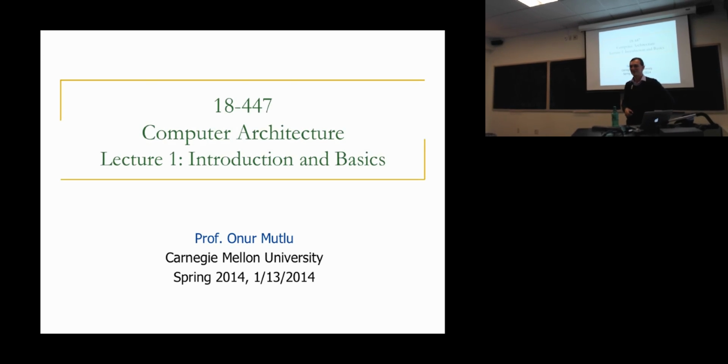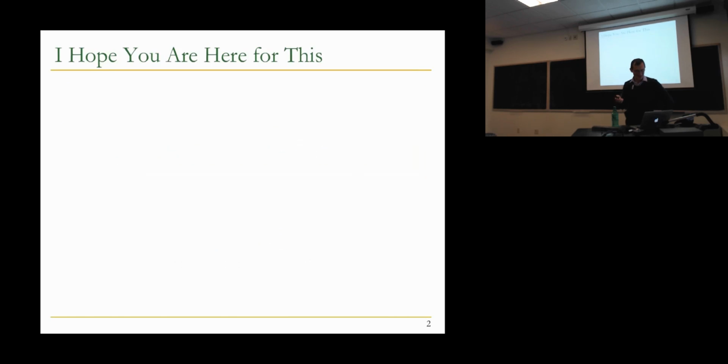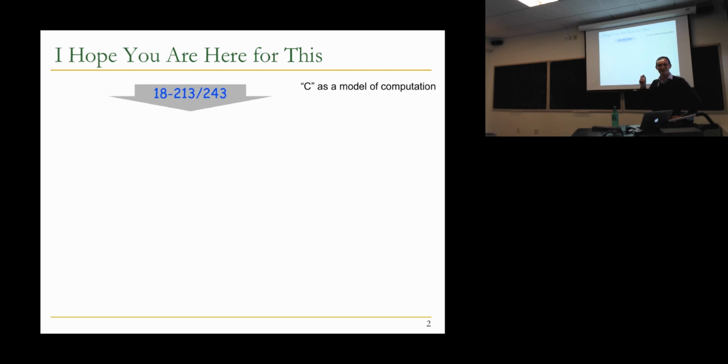Okay, this is computer architecture, and I hope you've taken 213 or 243. Who's taken 243 here? Nobody's that old. That's good. So I'll have to update my slide such that this is gone now. It used to be 243, the systems course. Now it's only 213. And in 213, you've seen C as a model of computation, right?